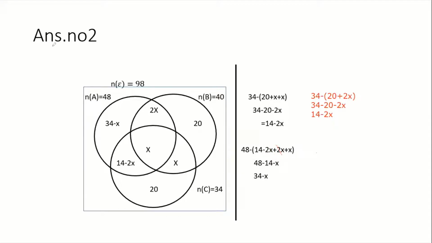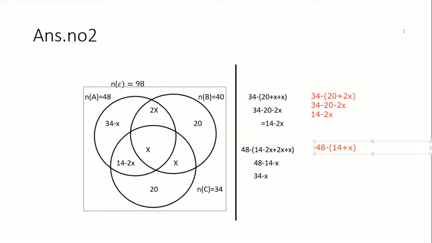So if we are to collect like terms, we shall have a 48 minus into 14 minus x. No, it's a plus x. Yes, it's a plus x. The remainder is a plus x.